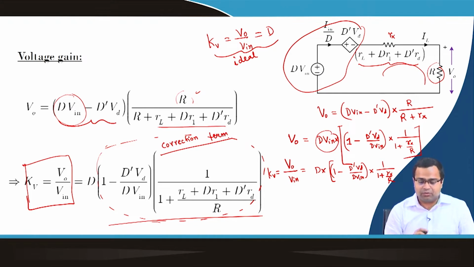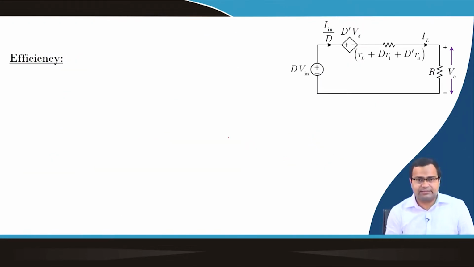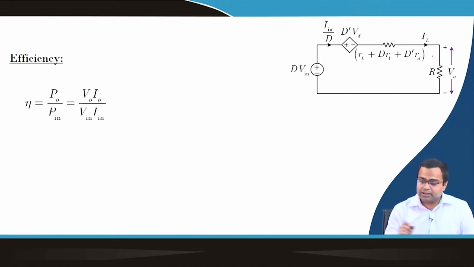Now, what will be the efficiency? Efficiency will be output power by input power. What is the output power? Here the average input current will be IN, which for a buck converter is D times IL average, which is nothing but the load current, right.